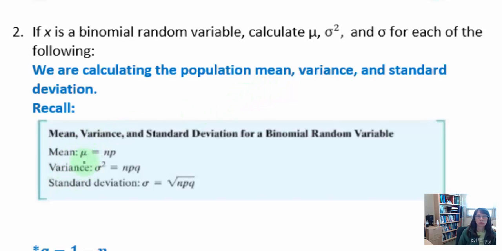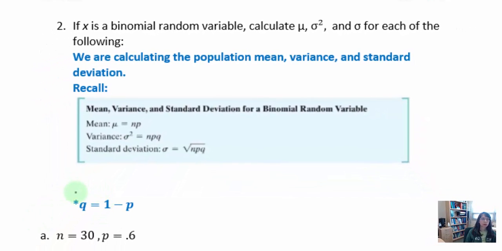And that's why we're using mu to represent population mean. And sigma is involved with variance and standard deviation. So remember, to find the value of q, you are finding the complement of p. So q is equal to 1 minus the p-value given.